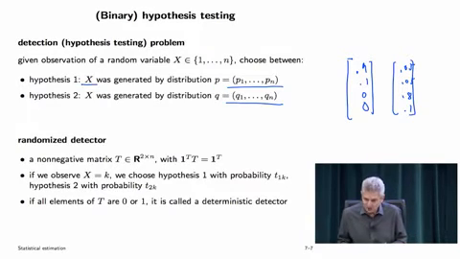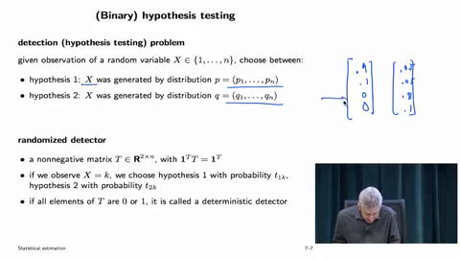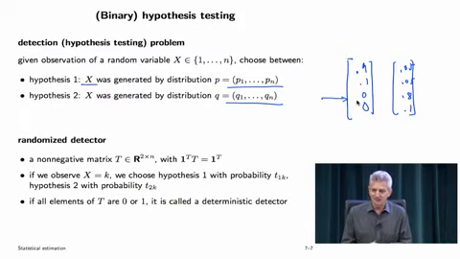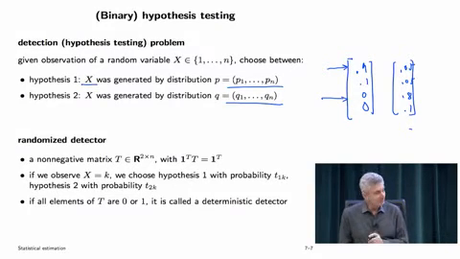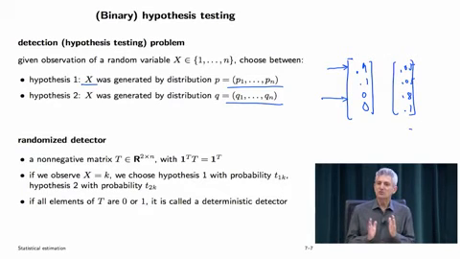If what you observed was this one, then you can say with absolute and total certainty that it was this distribution that generated it. If your observation was capital X equals 1, you could say with very good confidence that it was generated by the first distribution. Everybody see this, right? In fact, the whole idea here is as the two distributions get closer together, this gets harder to do.